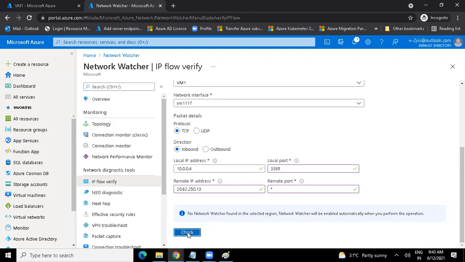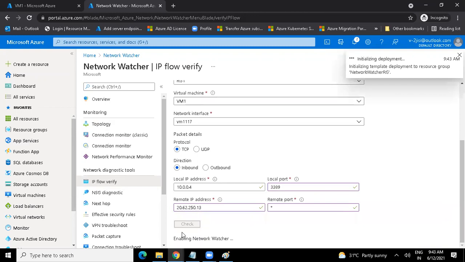So basically, I am trying to take the RDP of the machine. I click on check. It will check the same. If there is any rule that allows the communication to happen, it will show us here. And if there is any rule which is blocking the communication, it will show us here as well. So let's see.